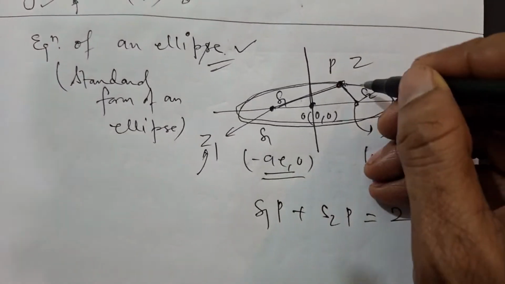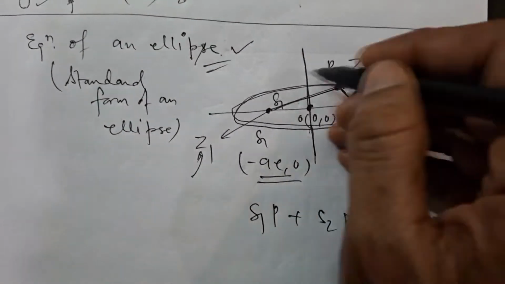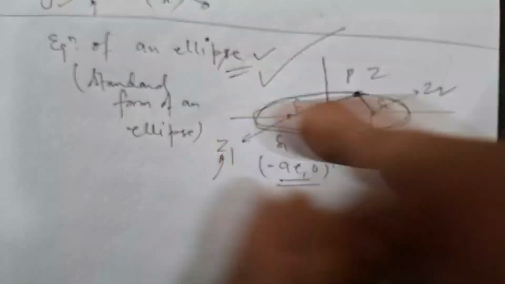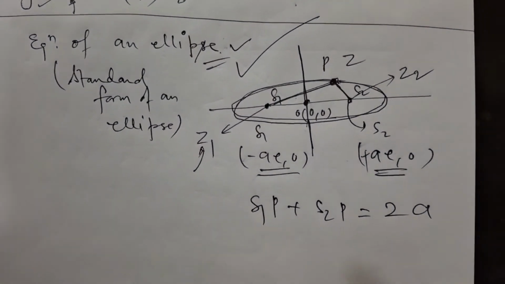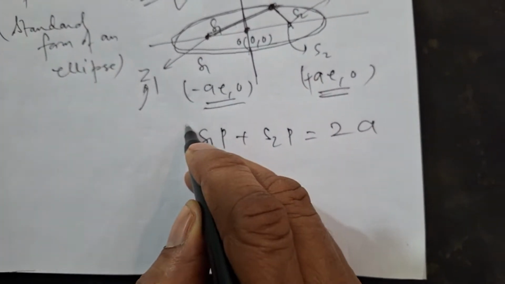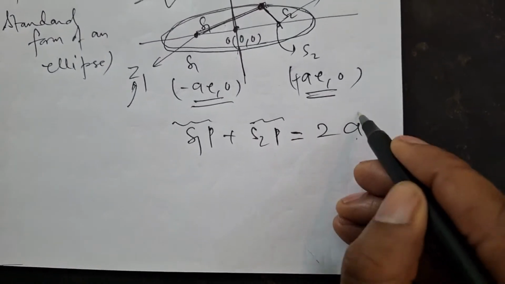They are willing to know your knowledge of complex numbers with the help of the concept of geometry. You already know this simple form of ellipse in coordinate geometry, but here also you need to know it. So this is S1P and this is S2P. The sum of the distances of these two foci from the circumference of an ellipse must be 2a.